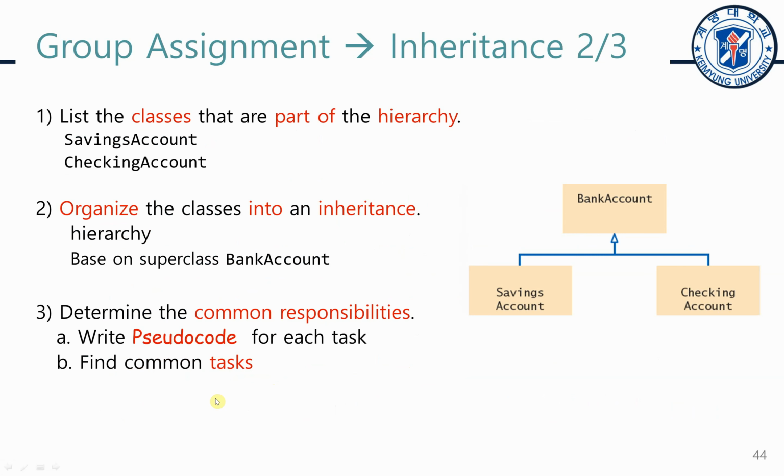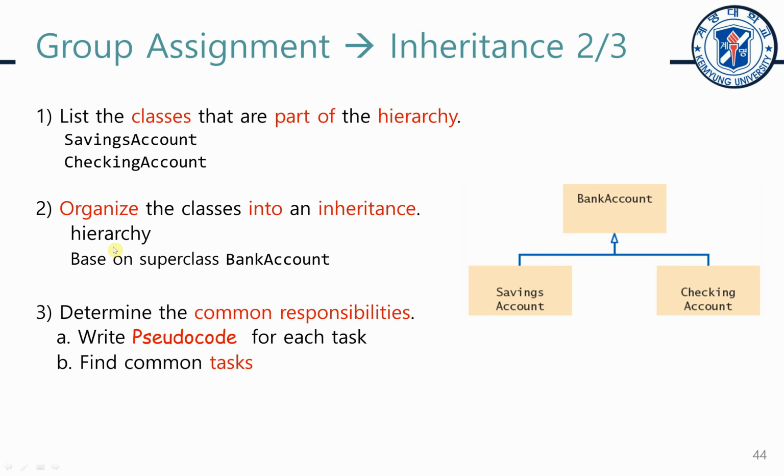So the classes that you can use in your assignment are the saving and the checking, and you can employ inheritance by having a bank account, because whether a person has a saving account or checking account, the person's name and bank account number are going to be the same, or similar for both classes.